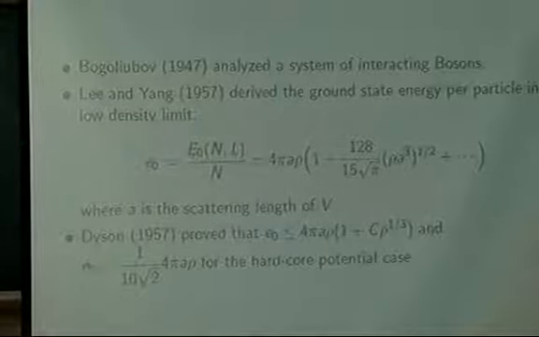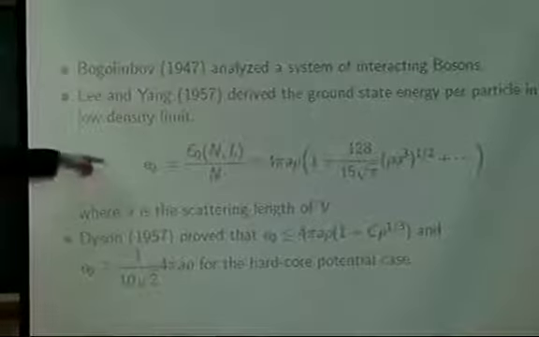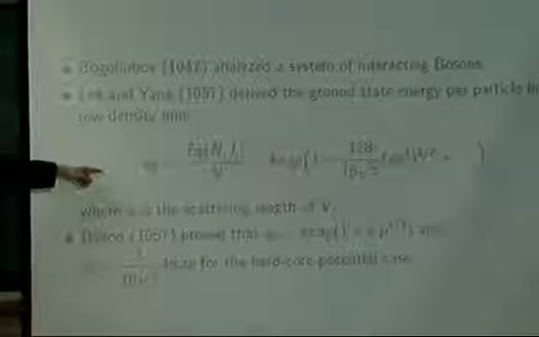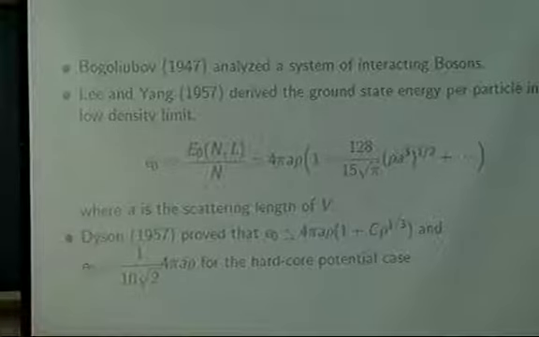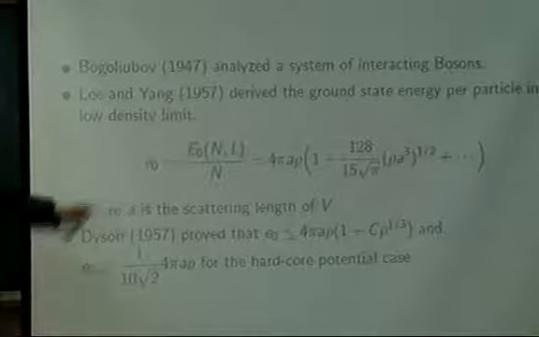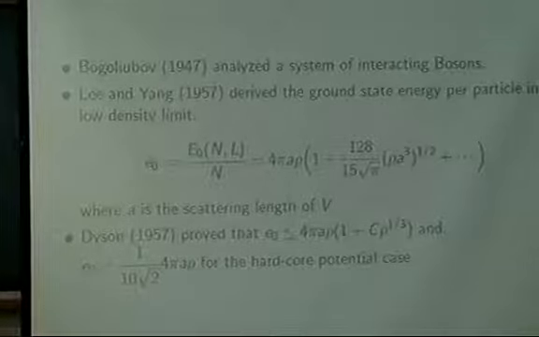A will be explained later. A is the scattering length of V. This is not rigorous because they made some assumptions that cannot be proved in mathematics. So Dyson, who was a mathematical physicist at the time, wanted to prove it without any of those assumptions.